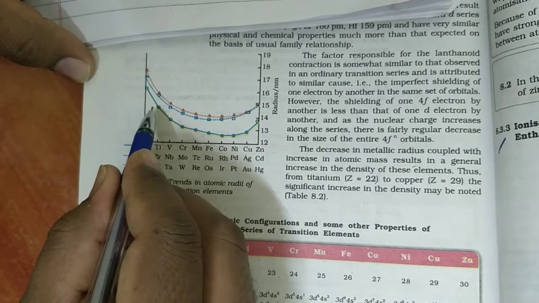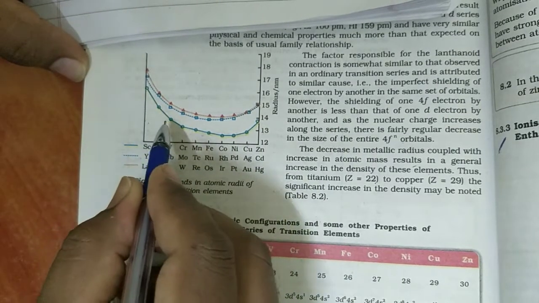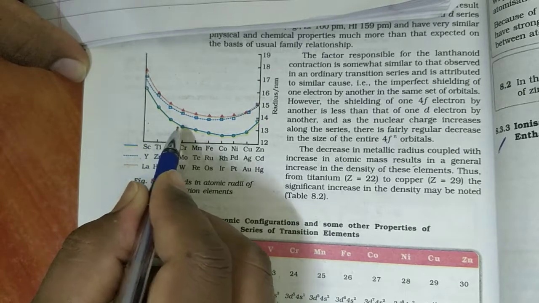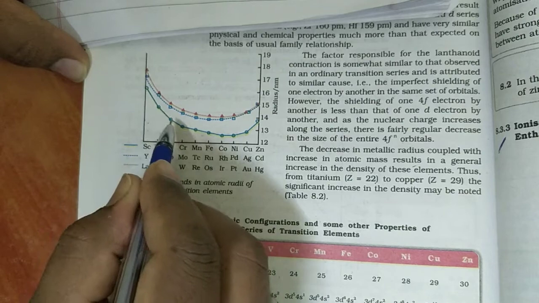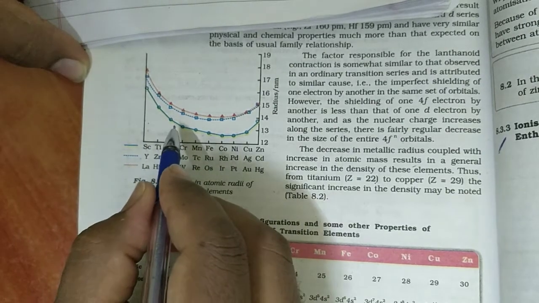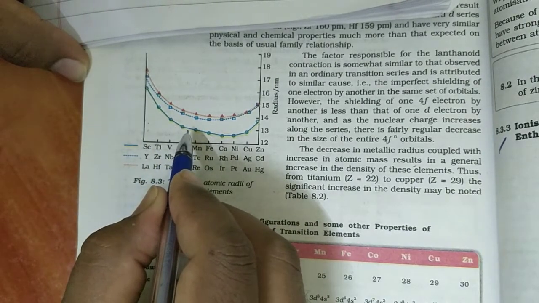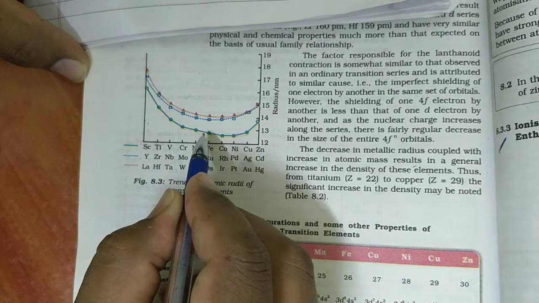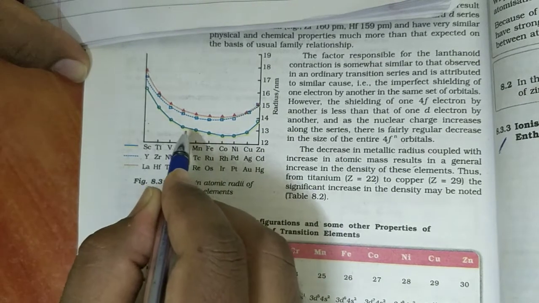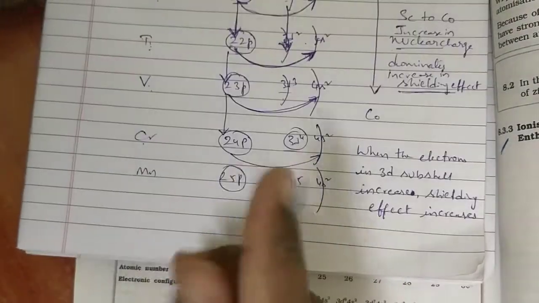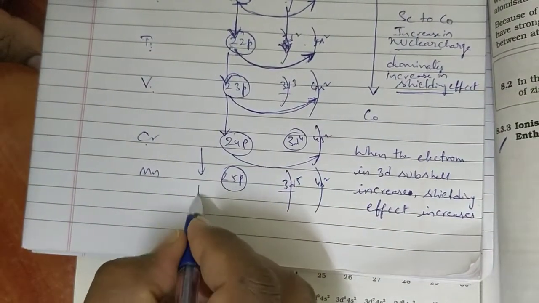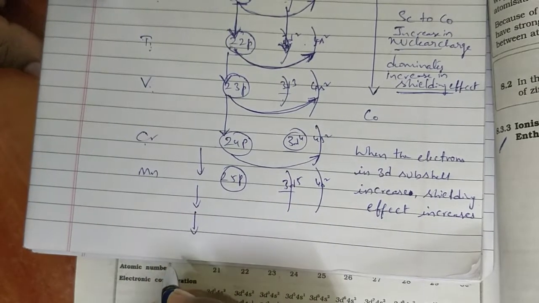Scandium to titanium, titanium to vanadium, vanadium to chromium. Up to here, atomic size decreases noticeably. But from chromium to manganese, the decrease is small. Manganese to iron, iron to cobalt. These three steps: chromium to manganese, manganese to iron, iron to cobalt.